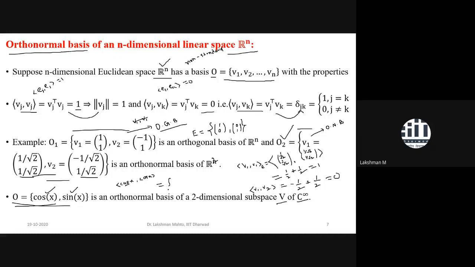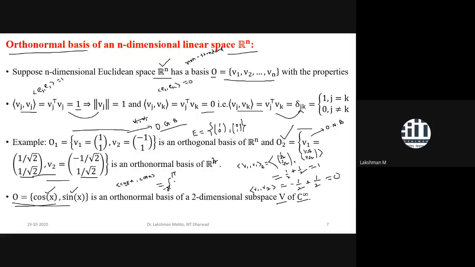So for functions we define it with respect to an integral. That means you are integrating over the period of cosine x. What is the period of cosine x? It is 2π. So integrate in the interval of 2π, or you can simply say the interval minus π to π, whose length is also 2π.